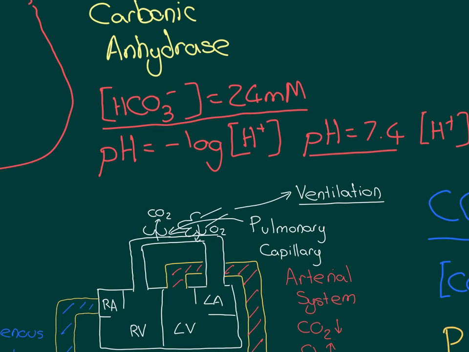However, it does not significantly change these numbers, and therefore you can take these numbers as being the same in venous blood. So if you're asked to quote what is the bicarbonate concentration in venous blood, you would still quote 24 millimolar, but you need to understand that it will be higher than in arterial blood.